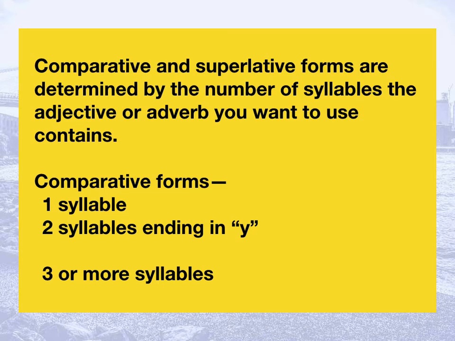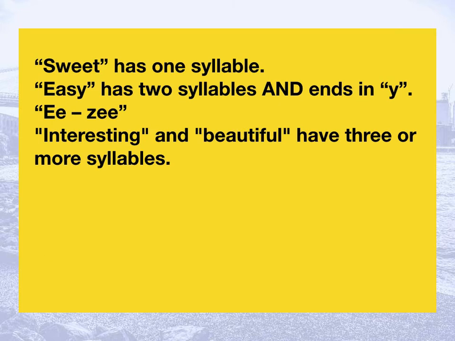Let's look at some examples. Sweet has one syllable. Easy has two syllables and ends in y. E-Z, easy. Interesting and beautiful have three or more syllables.